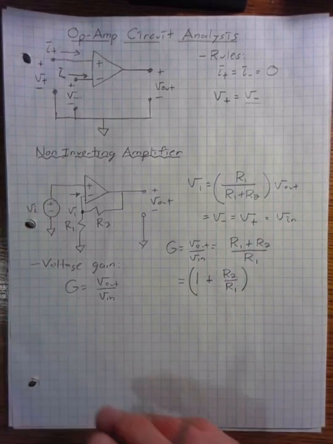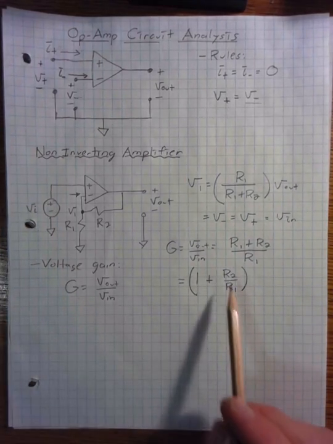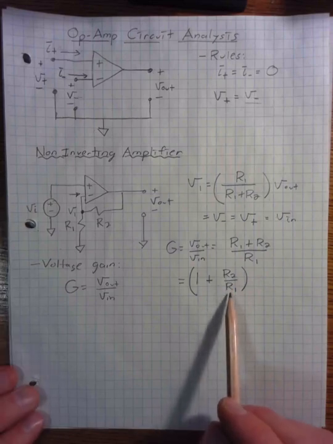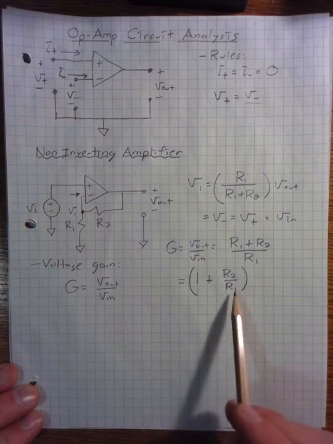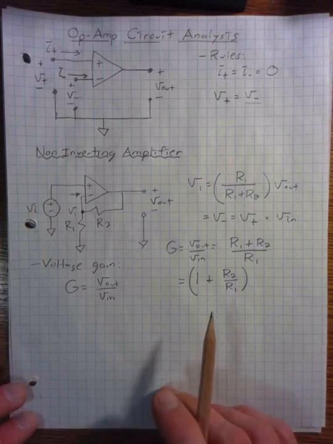Basically the ratio of these two resistances controls our gain. If we want a gain of 2, for example, this ratio would be equal to 1, and we get 1 plus 1 equals 2. If we wanted a gain of 3, R2 would be twice as big as R1, and so on.